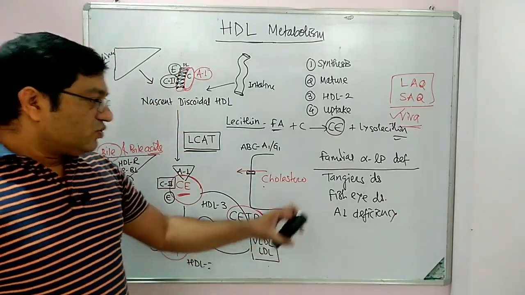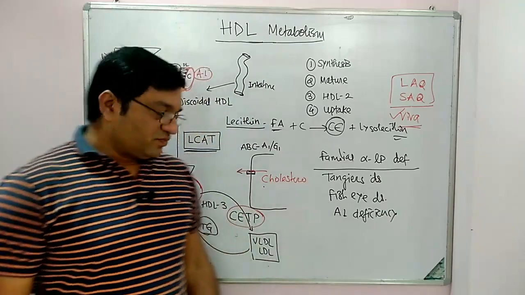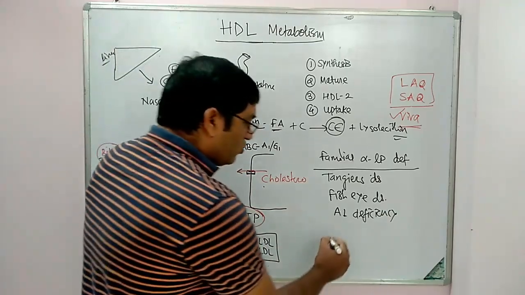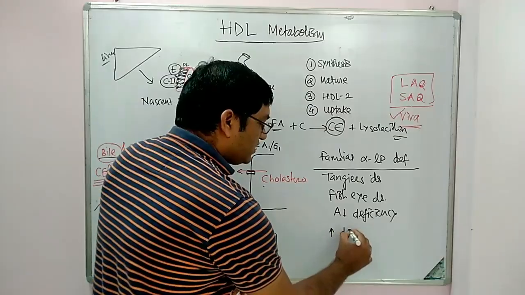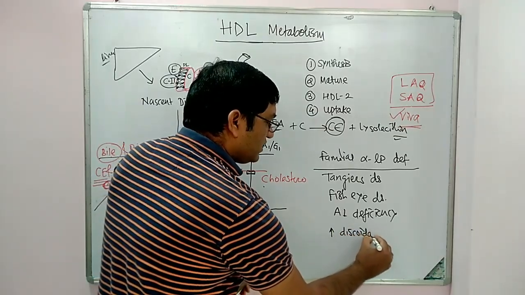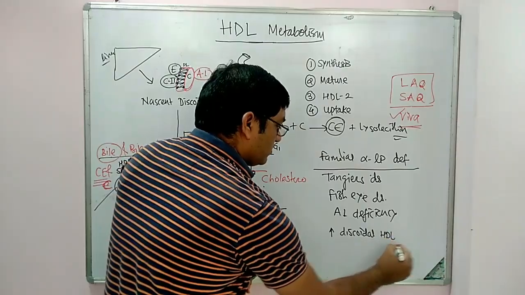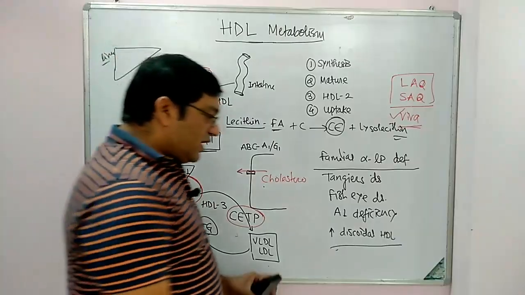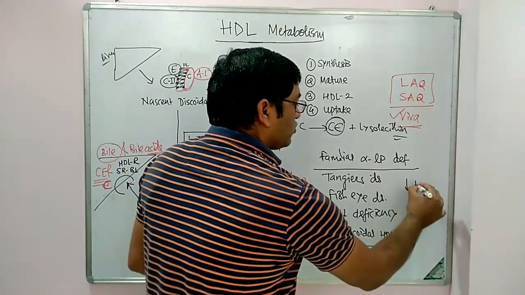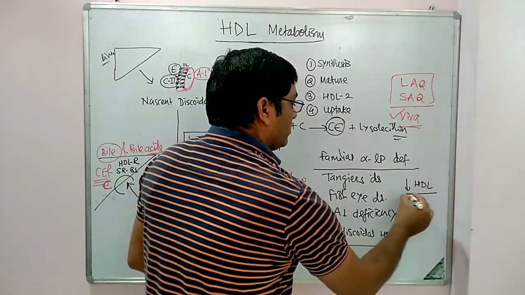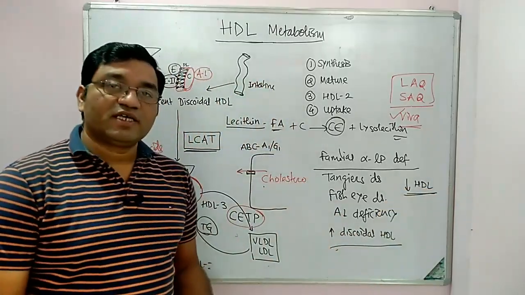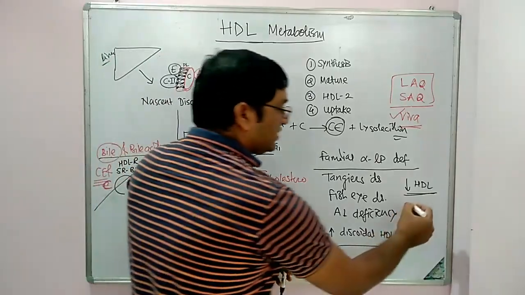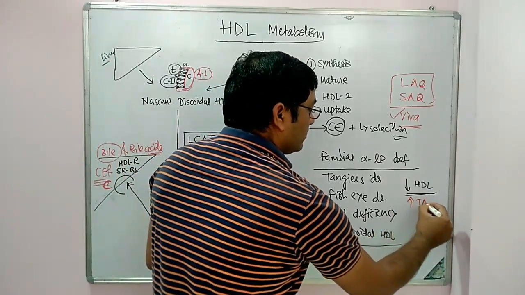Okay. So due to deficiency of these, there is more amount of discoidal HDL in the plasma. So that's why rapid destruction of HDL occurs, and the plasma has lower levels of HDL. And there is an increase in the triacylglycerol level, TAG level.